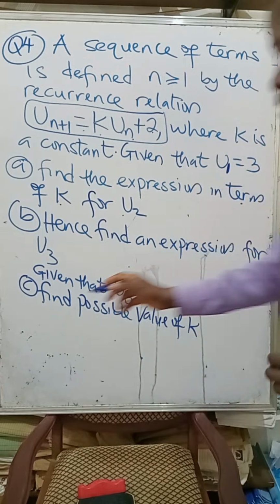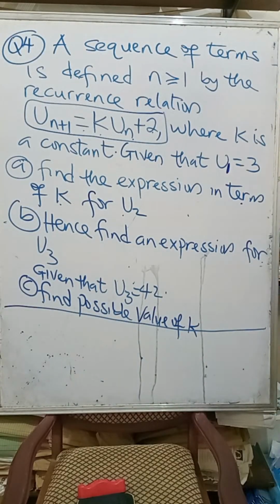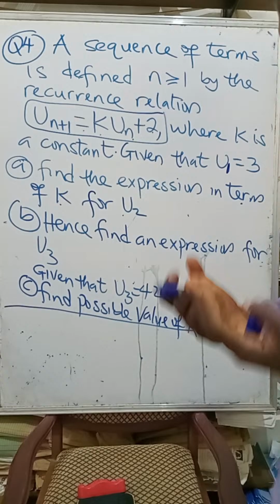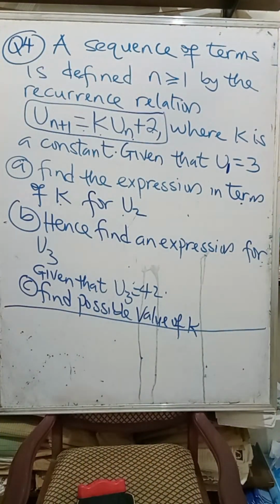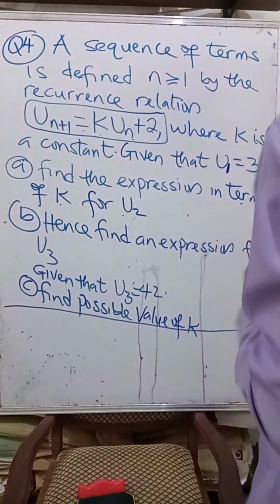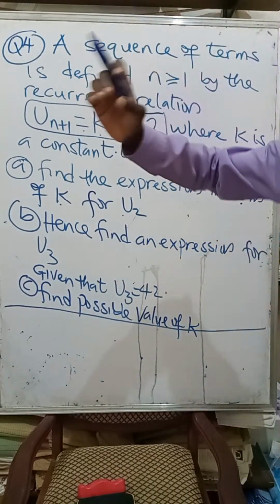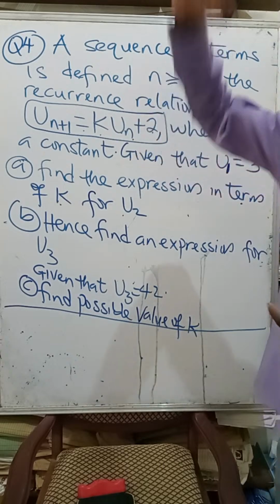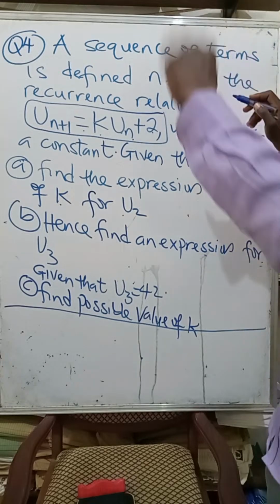When you have a recurrence relation, you just have to follow the formula. It's very simple. Your first term, U1, must be given, and you'll be told that N starts from 1, so N is greater than or equal to 1, meaning 1, 2, 3, and so on.